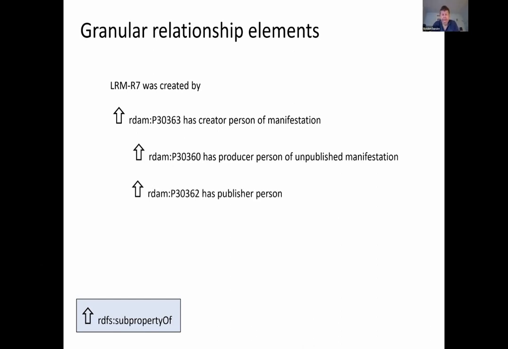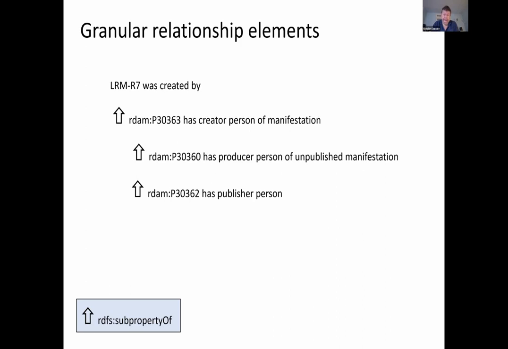This is the next level of the RDA hierarchy. RDA, unlike the LRM, says nothing further about the creator of a manifestation. RDA splits this into two subtypes. It's dependent on how the manifestation itself is produced.